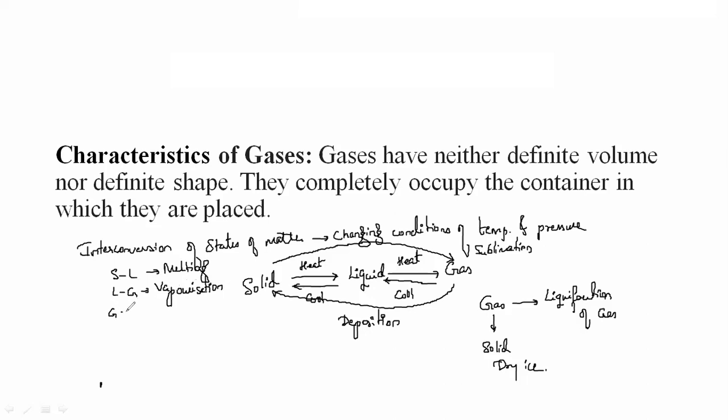Then gas to liquid, we call it condensation, and liquid to solid, we call it freezing. Solid to gas directly, we call it sublimation, and such substances are called sublimates. And gas to solid directly, it is called deposition. So these are the processes.